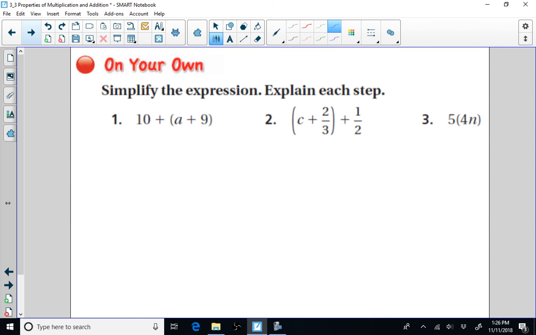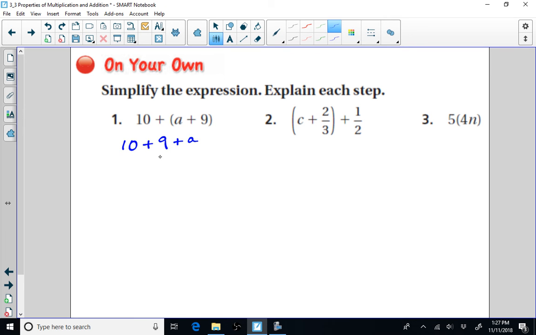If you're going to try some of these on your own, explain each step. If I have a and 9 grouped together in this first example, and I try to group a and 10 together, I can't do that either because they're not like terms. So I have to change the order. So I have to do 10 plus 9 plus a.